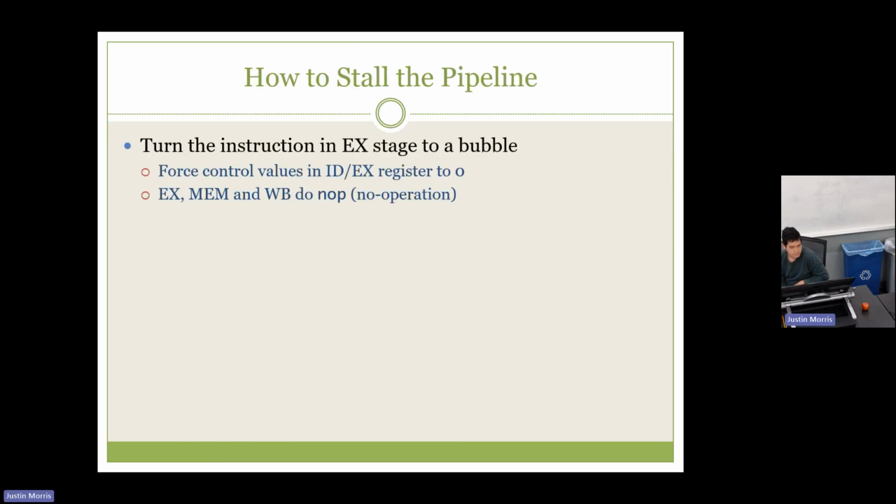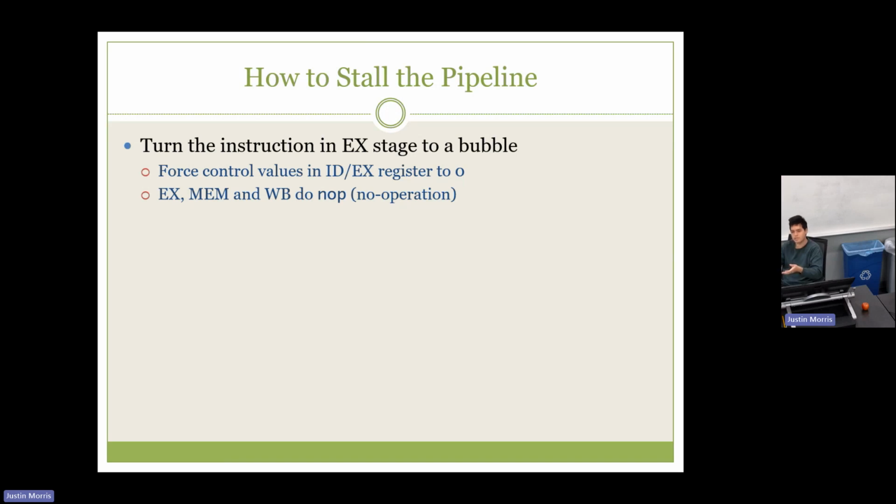All right, so how to stall the pipeline? So we need to turn the instruction that is going to go into the execute stage into a no-op. We saw this on the data path diagram. Right, the hazard detection unit sets all of the control signals to 0. If all of the control signals are 0, even though the ALU is still going to perform some operation, it's going to go into the MEM stage and do nothing, because the read signal is 0, the write signal is 0, and then it goes to the write back stage.